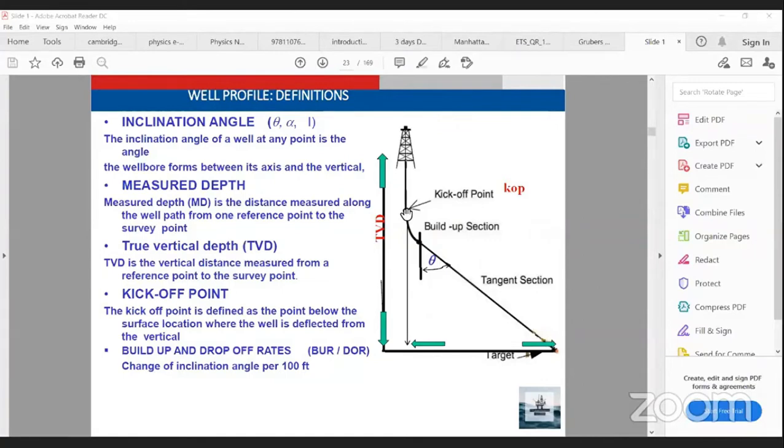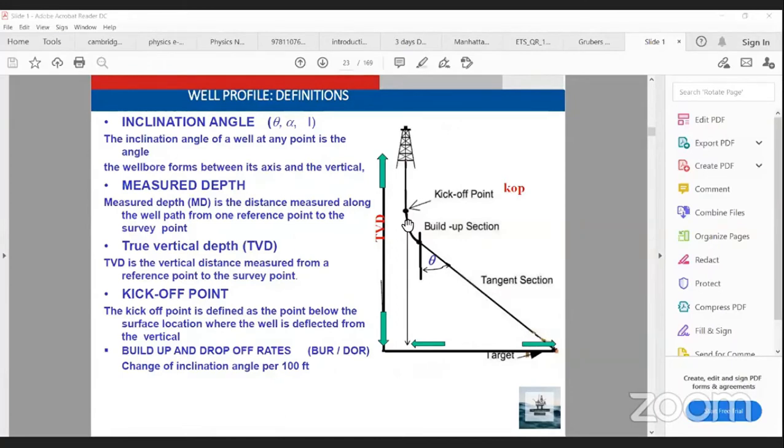So if at 0 degrees the build up rate is 3 degrees per 100 feet, after 100 feet the angle increases to 3 degrees. When the depth is 200 feet, the angle will increase another 3 degrees, so the angle will be 6.